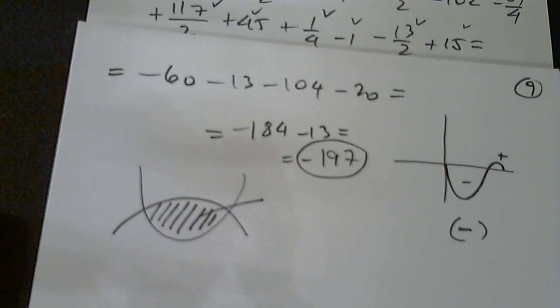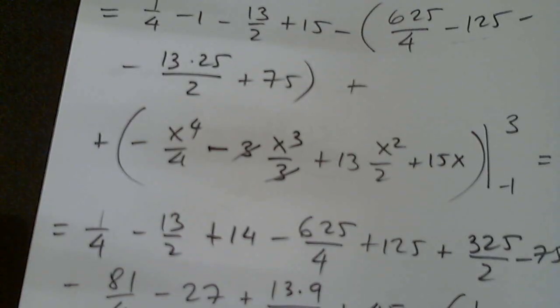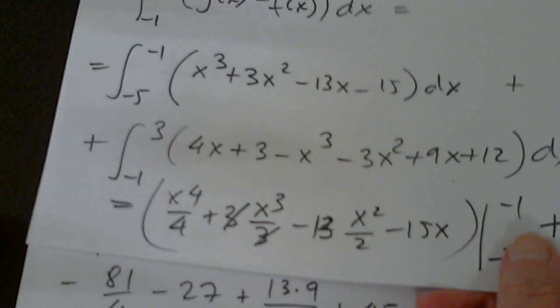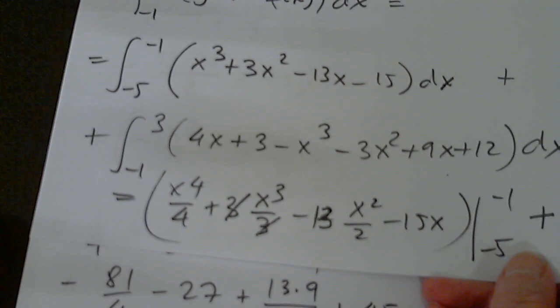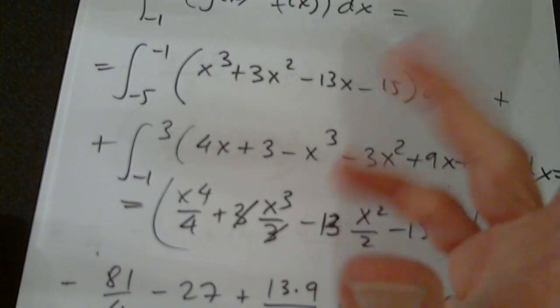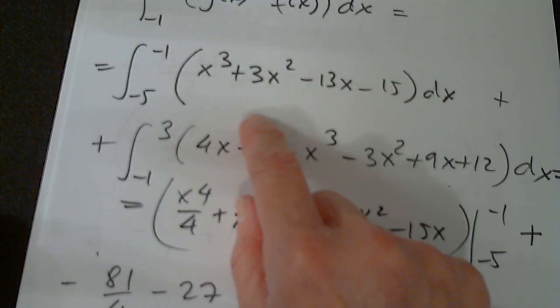So the area can be negative. But I'm inclined to believe that everything was fine. F of x. I'm checking before I enter it and check again.